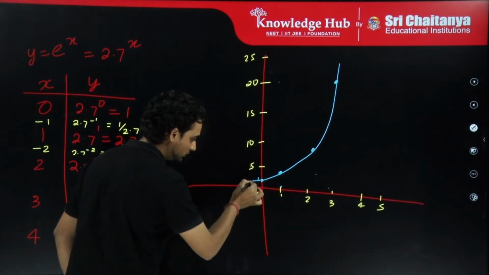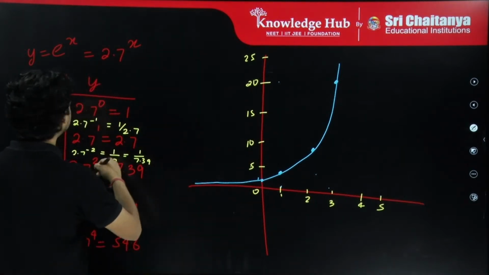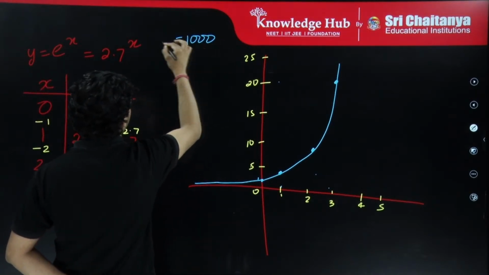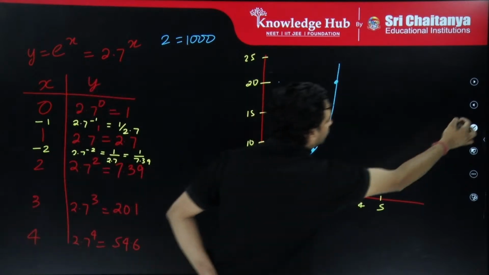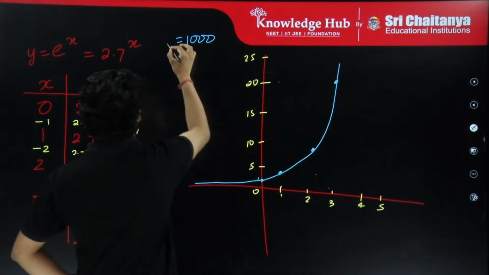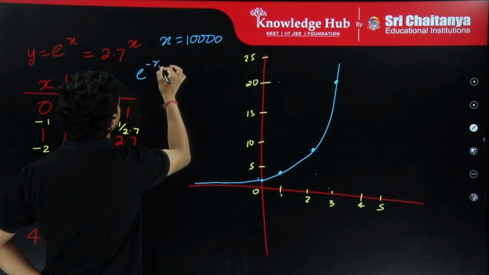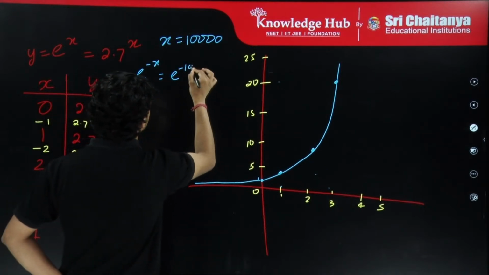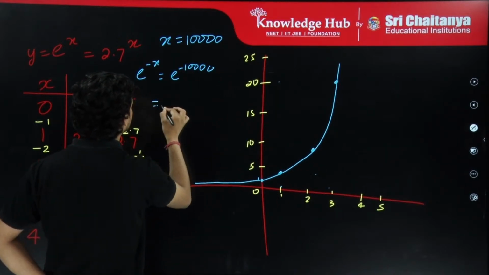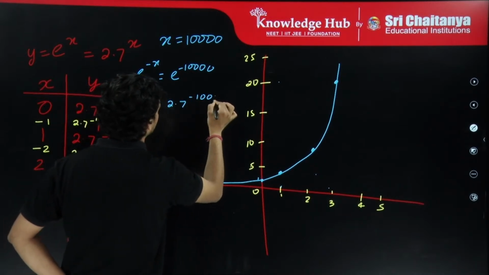Okay, it will never go to 0. Why? Because let's say I take a very large number, x equals 10,000. So what is e raised to minus x? e raised to minus 10,000, that will become 2.7 raised to minus 10,000.